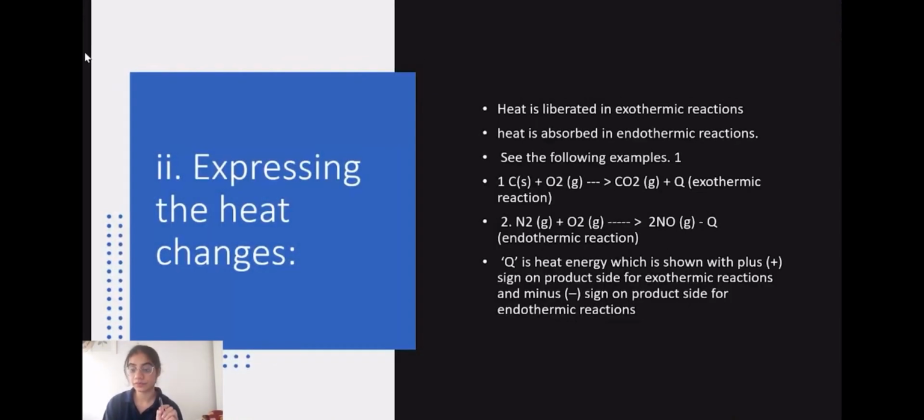It gives us 2NO, which is also a gas, but heat is absorbed, hence minus Q. Q is the heat energy which is shown.